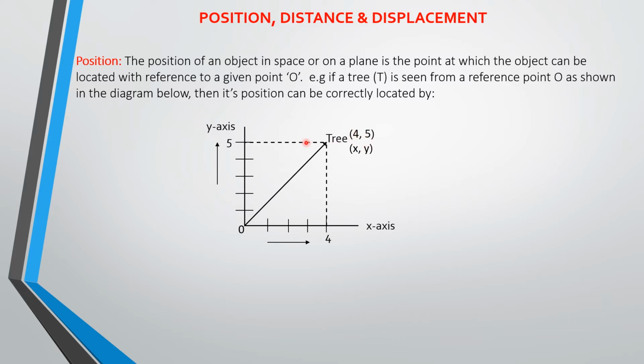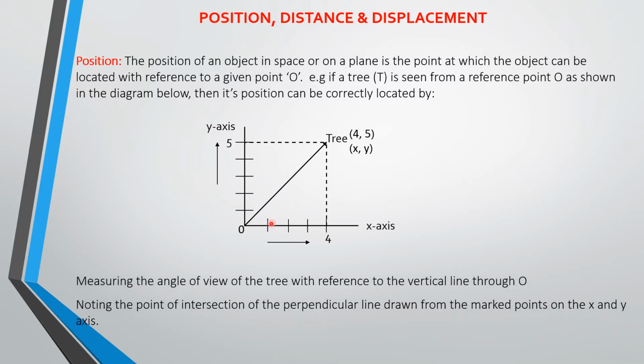Alright, so this is exactly what I've discussed already. You start by, one, measuring the angle of view of the tree with reference to the vertical line through O. So this is the vertical line through O. You can measure the angle from this point to this point using your protractor.